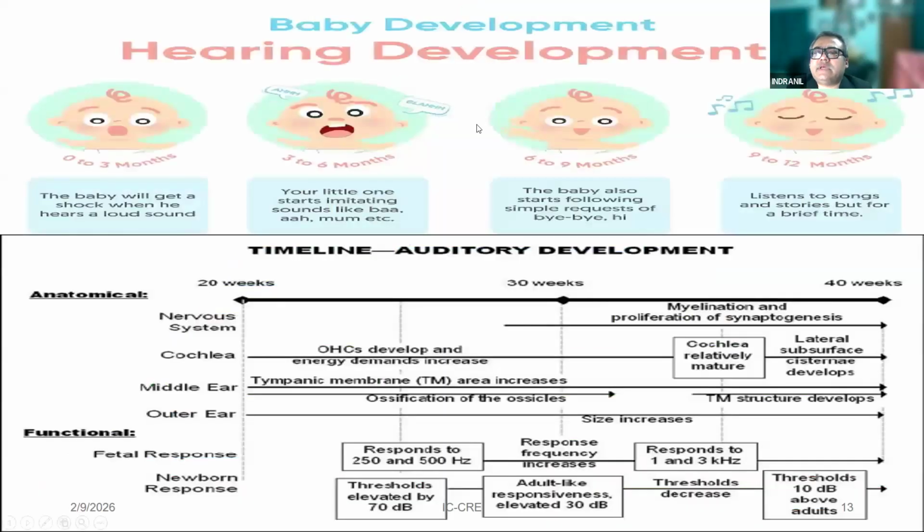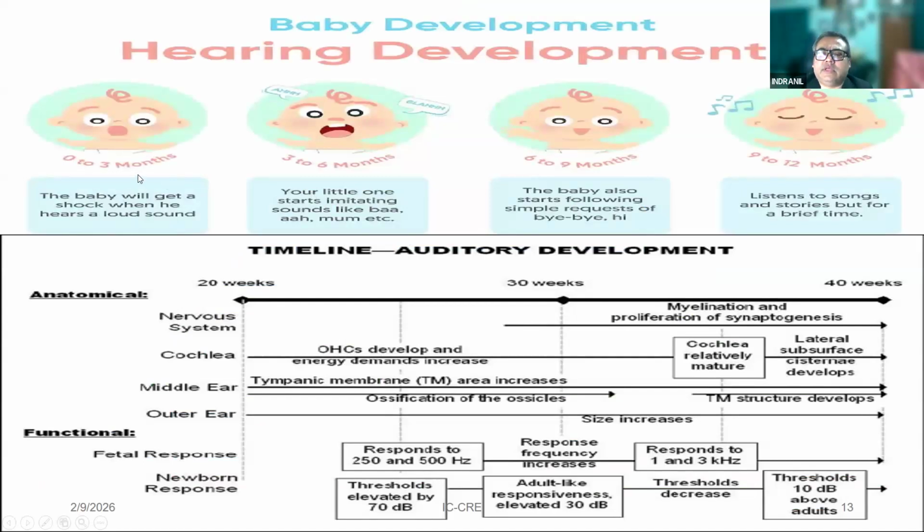So there is a developmental milestone, as we all know, that at 0 to 3 months the baby will get a shock when he hears a loud sound. So there will be a reflexive oropalpebral reflex, Moro reflex, ATNR, STNR, a lot of primitive reflexes are there.